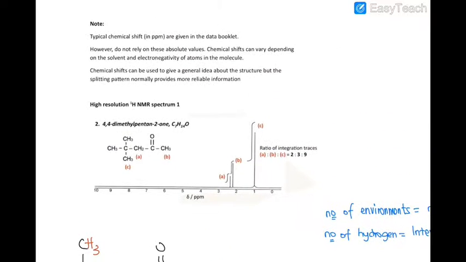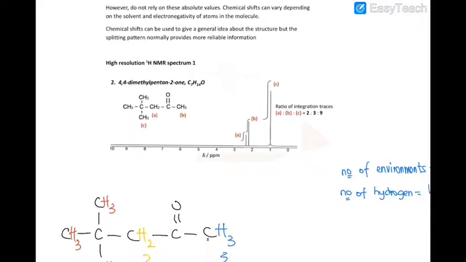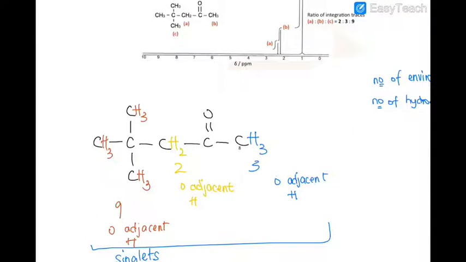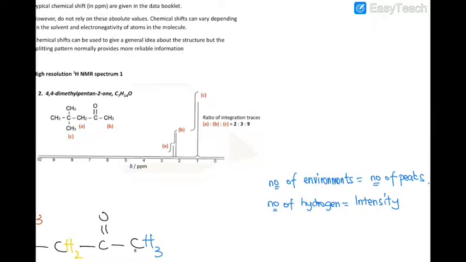And if we look at the NMR, this is what we observe. So 1, 2, 3 peaks in the ratio 2:3:9. The ratio does not need to be in the same order as what we see in the structure. As long as you see the numbers 2, 3, 9, it's okay. And you see that all of them are singlets.